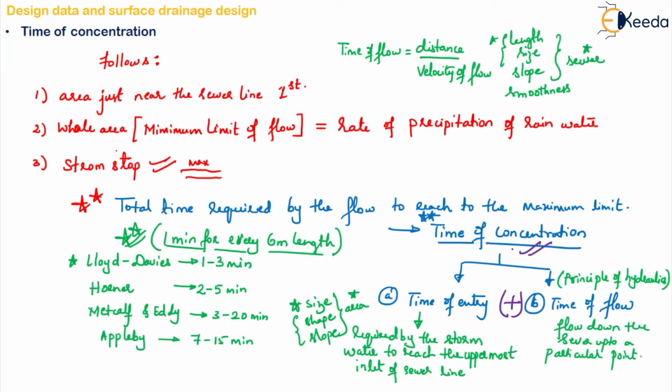This is a very important factor in the design of the stormwater sewer, because out of all the storms of equal frequency of occurrence, the storm which has a duration equal to the time of concentration will produce the maximum flow in the sewer.